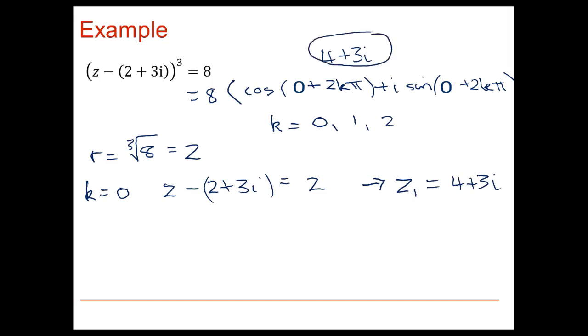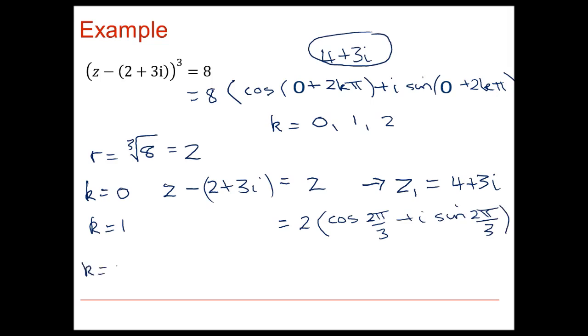When k equals 1, we have that z minus (2 plus 3i) is going to be equal to 2 lots of cos of 2 pi by 3 plus i sine 2 pi by 3, and we can work that out in our calculators.